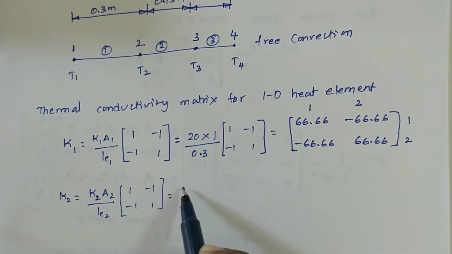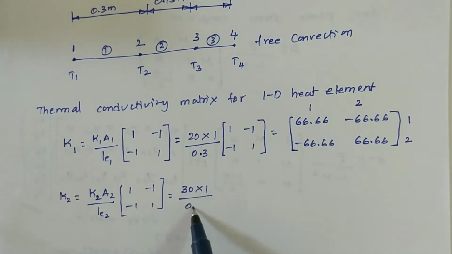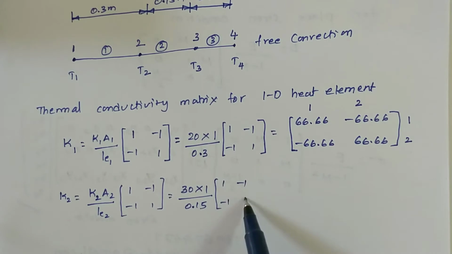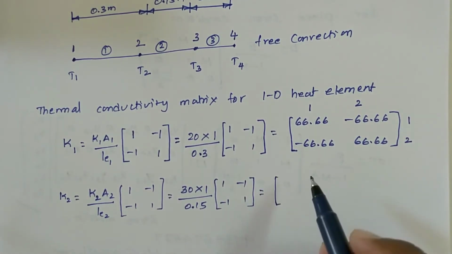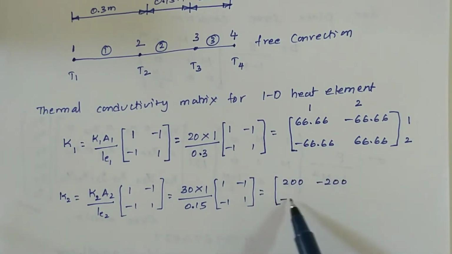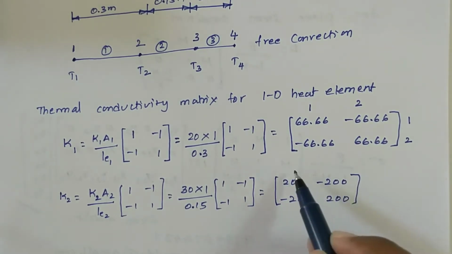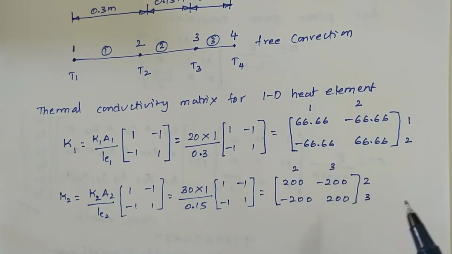The thermal conductivity for element 2 is 30, so 30 into 1 divided by the length 0.15, times plus 1, minus 1, minus 1, plus 1. On simplification, it reduces to 200, minus 200, minus 200, plus 200. Since element 2 is made up of node 2 and 3, you can write 2, 3, 2, 3.